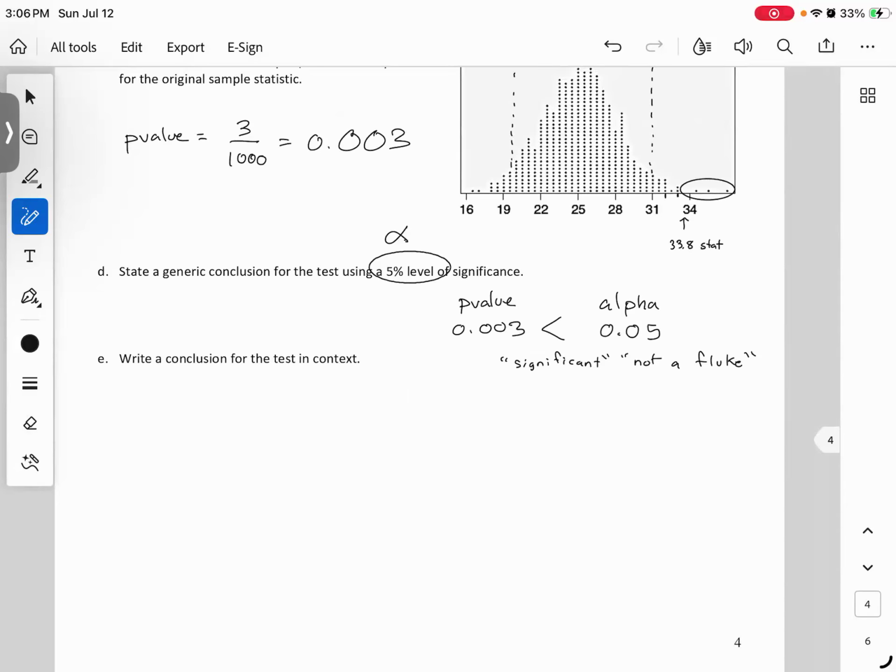Now, for the conclusions, they call it the generic conclusion, or sometimes they'll say the formal generic conclusion, is we can reject the null hypothesis.